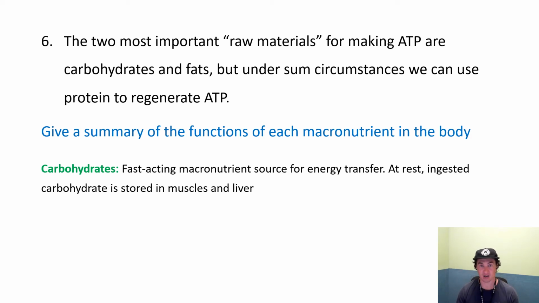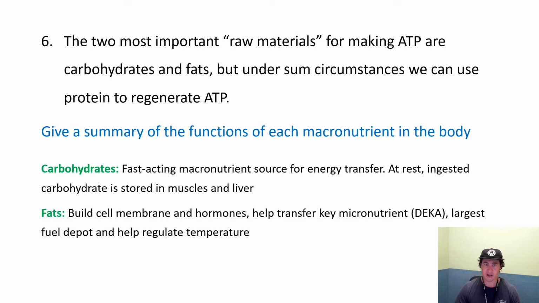So carbohydrates are the primary energy production source. Fats are a slow fuel source for oxidative production of ATP, but they also build our cell membranes. We use fats to build hormones.